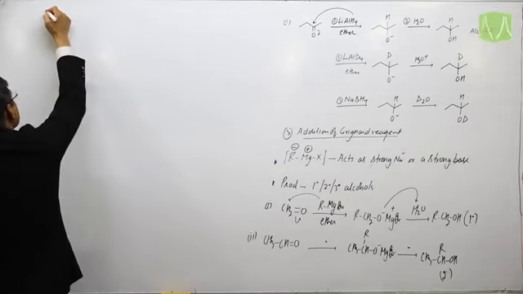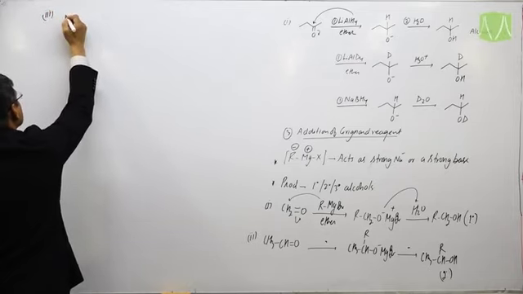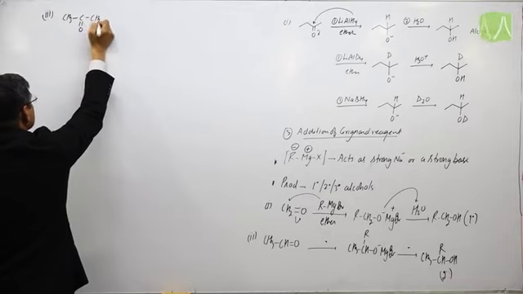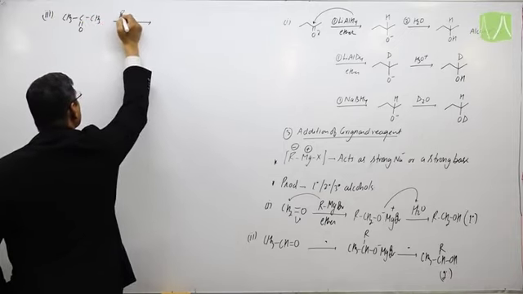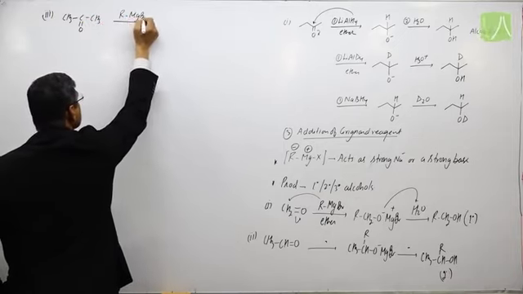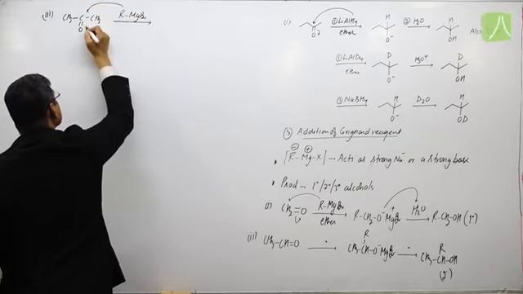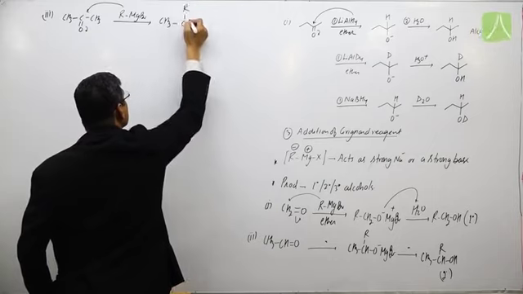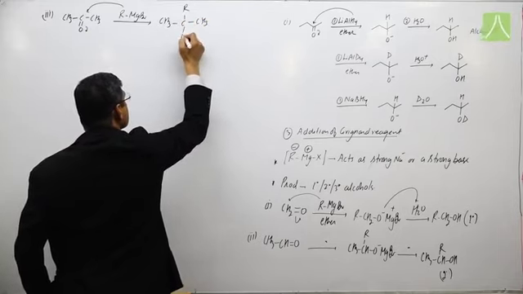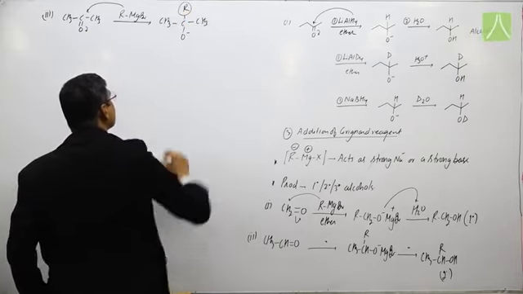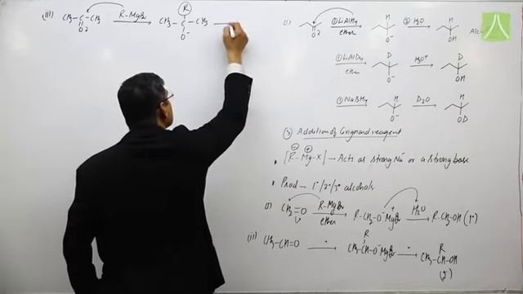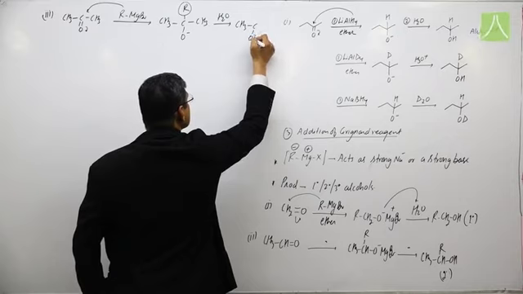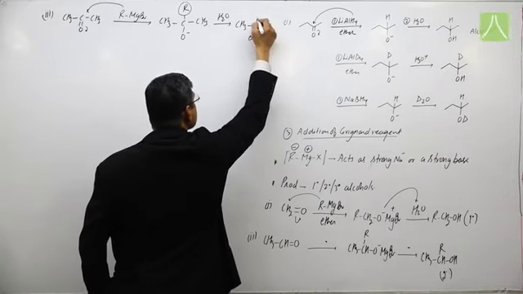So in the next example, I take the ketone. Suppose I take acetone by taking the same Grignard reagent, CH3R, CH3O minus. This R is obtained from the Grignard reagent. So after hydrolysis, 3-degree alcohol is obtained.